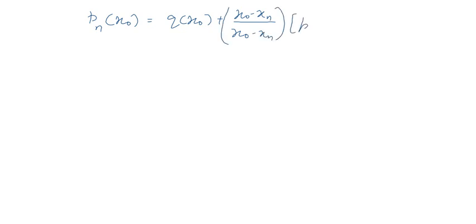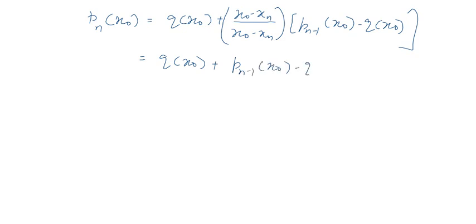Now what is Pn of x naught? If you recall, Pn of x naught is equal to q of x naught plus x naught minus xn divided by x naught minus xn times Pn minus 1 of x naught minus q of x naught. This is equal to q of x naught plus Pn minus 1 of x naught minus q of x naught, so this will get cancelled.